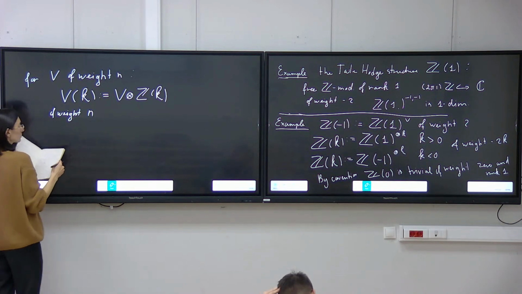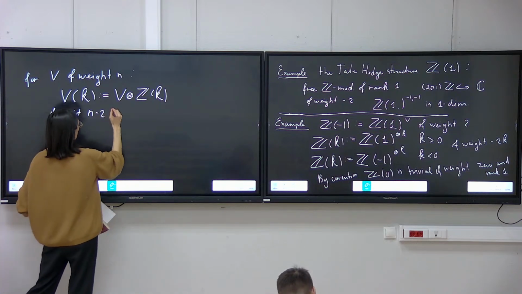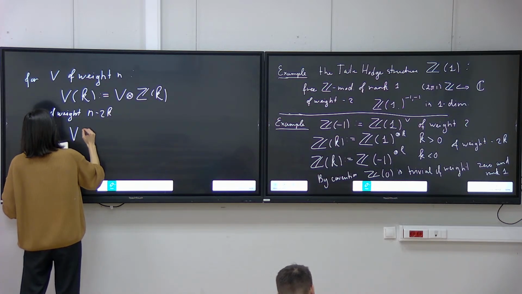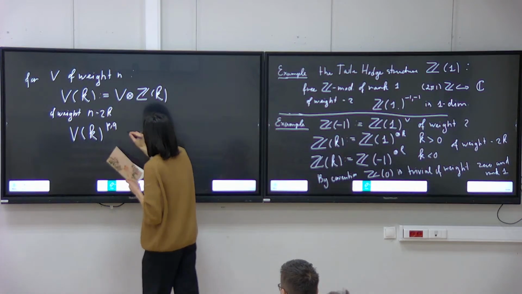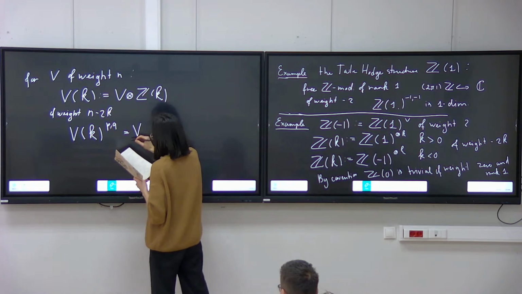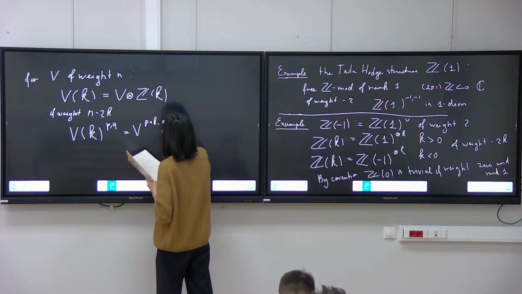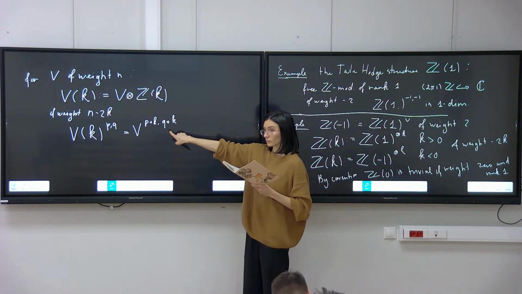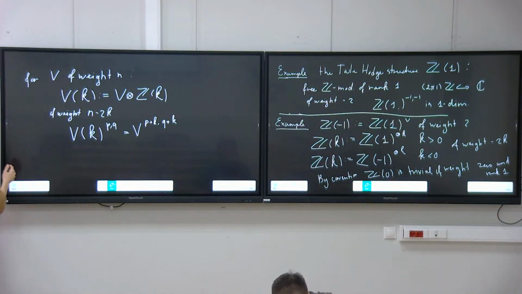What is the weight of this Hodge structure? N minus 2k. And now you will understand why we use this convention, because this shifts (p,q) to (p+k,q+k). Okay, for the twisting of Hodge structure.